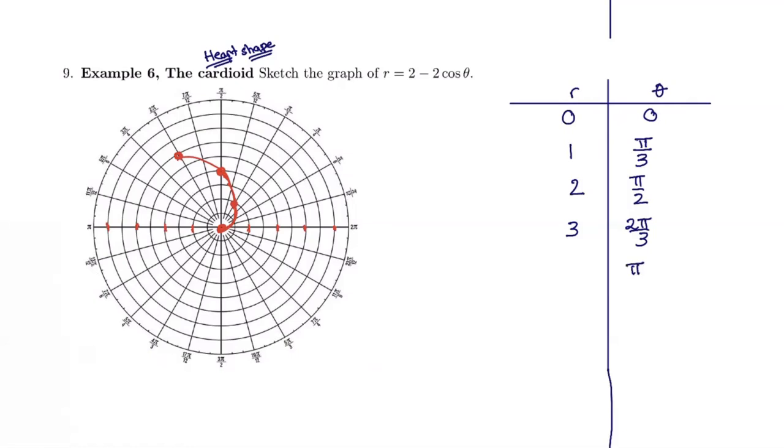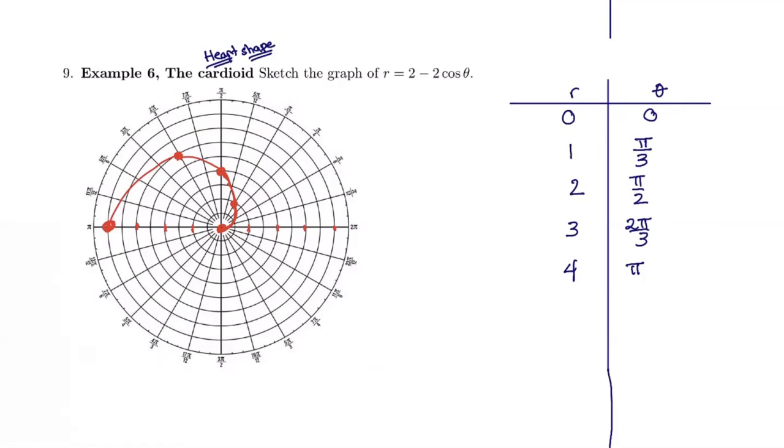At pi, when I plug pi in, I'll end up with -1 for the cosine, and so I'll end up with 4. So we go out 4 and around pi. And so that's half of my heart.